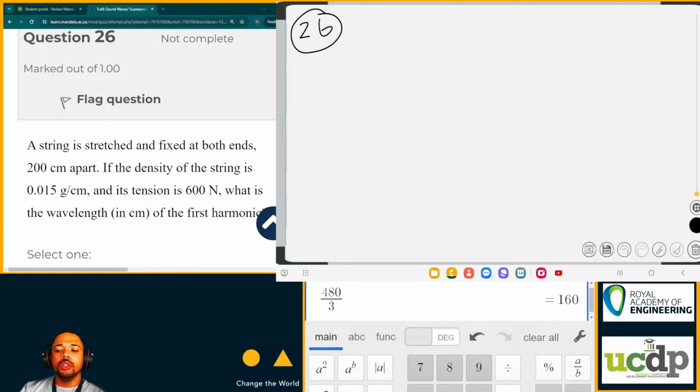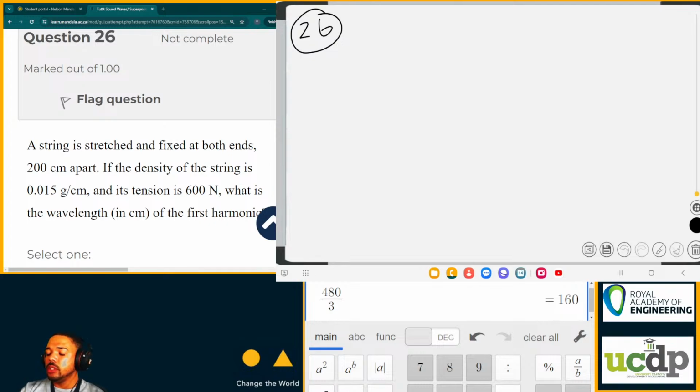Now, you don't need the others. You need the tension and the mass per unit length if you want to calculate its fundamental frequency. But we know that the fundamental frequency is the one with the fewest number of nodes. Okay, so it's the one with only 2 nodes.